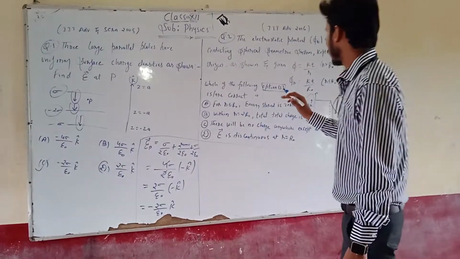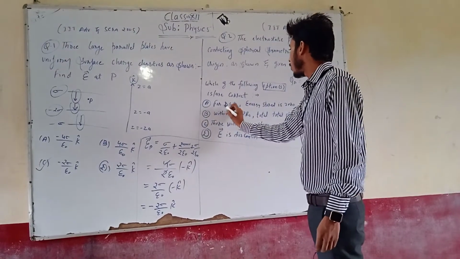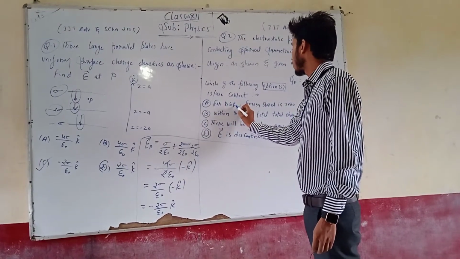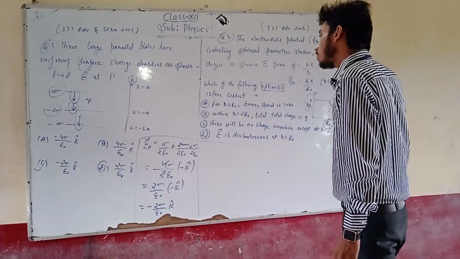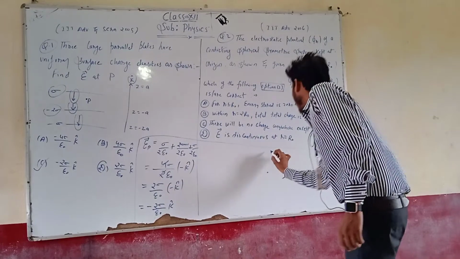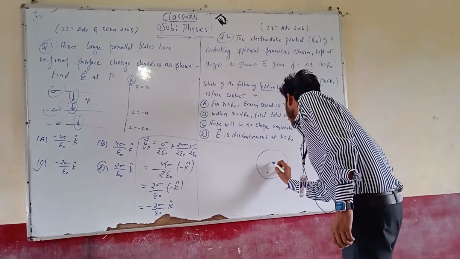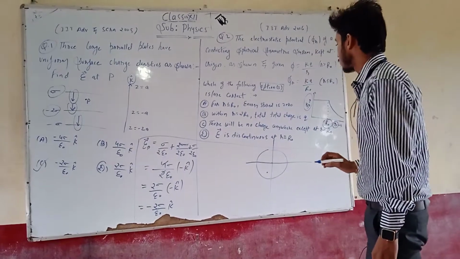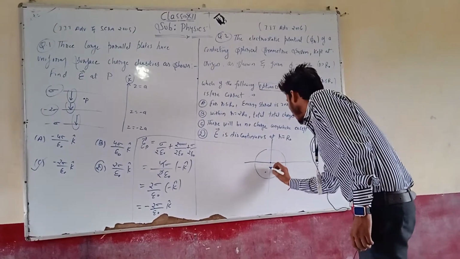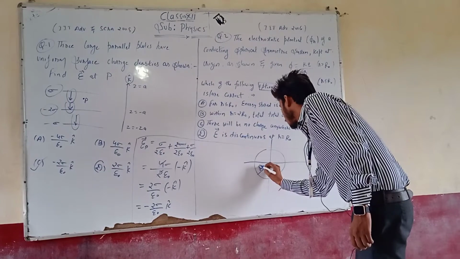So the very first option says that for r smaller than r naught, energy stored is 0. What is the meaning of when r is smaller than r naught? We have a spherical symmetric system kept at origin, right? And this is its radius.